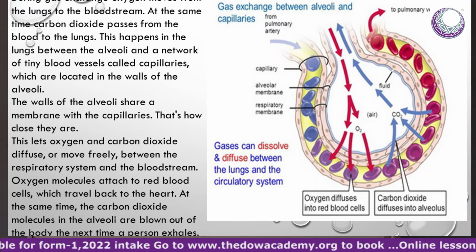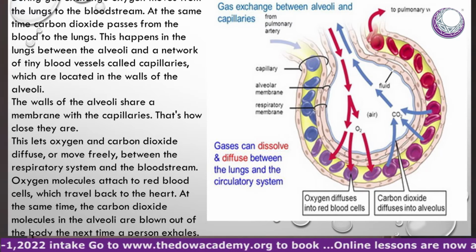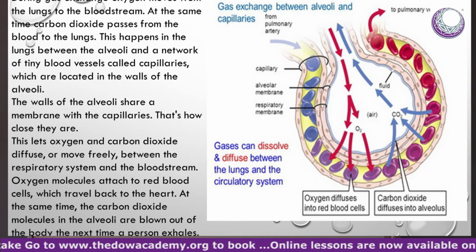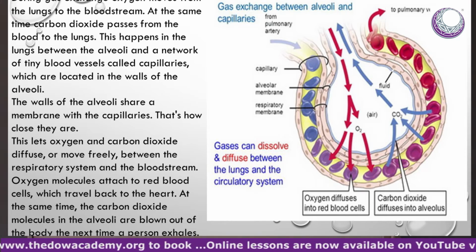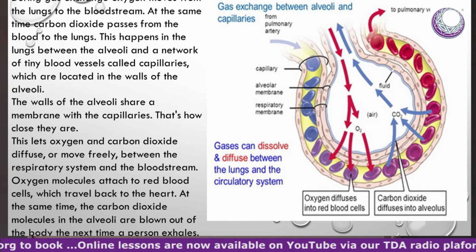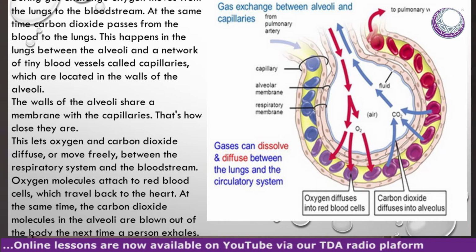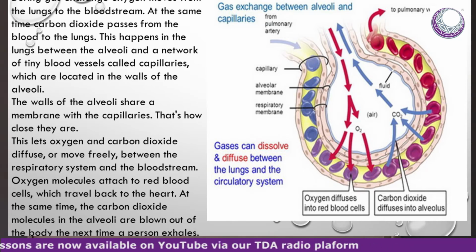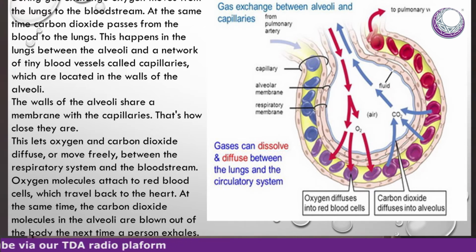So, this is the blood which comes in and is deoxygenated. Now, it constantly changes color to become red. The reason for this is that the blood which is blue, represented by the blue red blood cells here, does not have oxygen, but it is full of carbon dioxide.